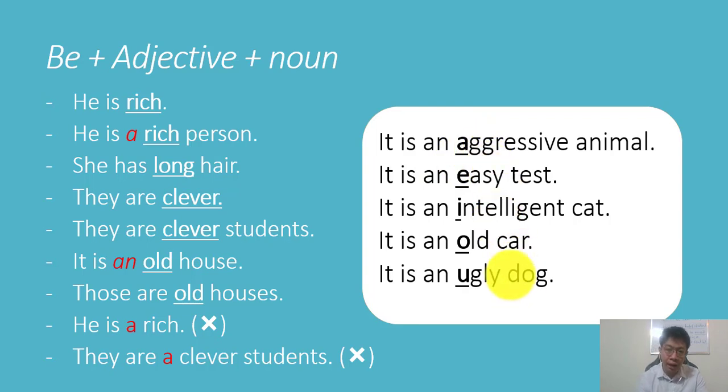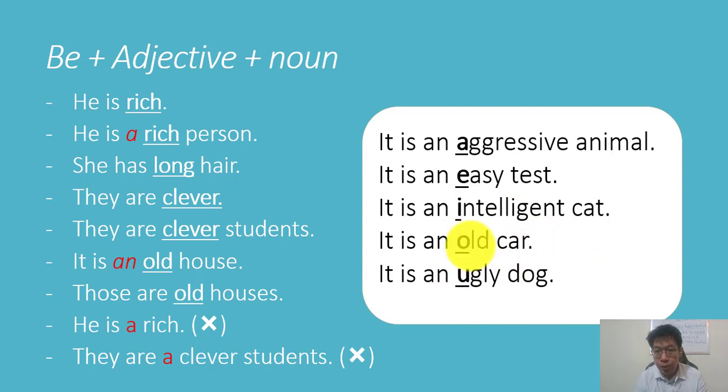Any word that starts with a, e, i, o, u, we use an, no matter whether it is a noun or an adjective. So aggressive starts with A and we use an. Easy starts with E, intelligent starts with I, old starts with O, and ugly starts with U. We use an in front of these words only when the noun behind is countable and singular as well.